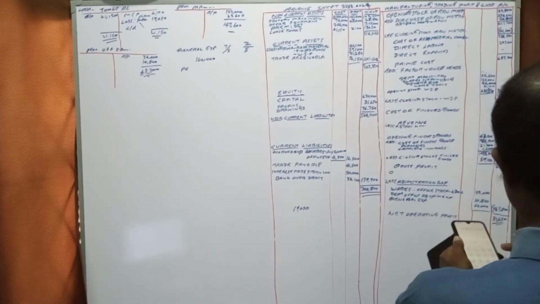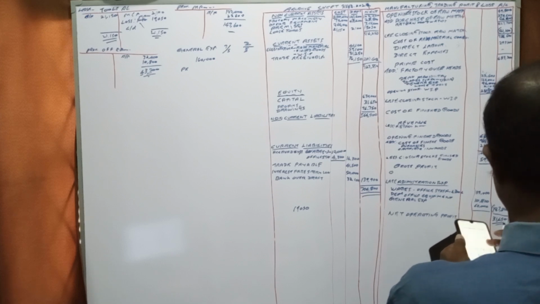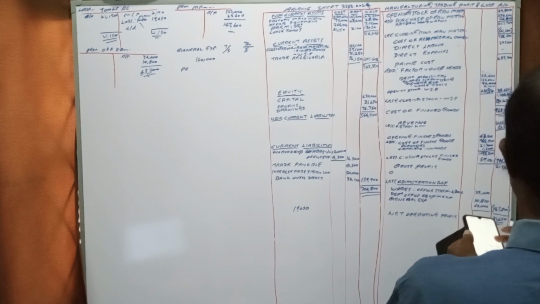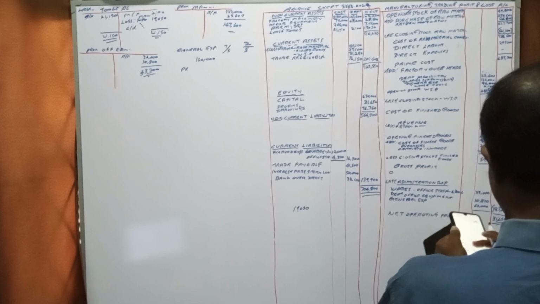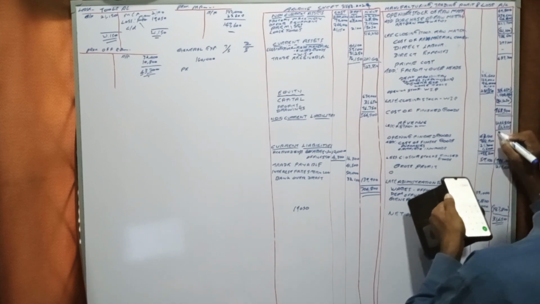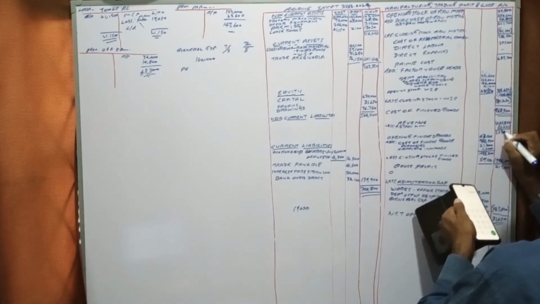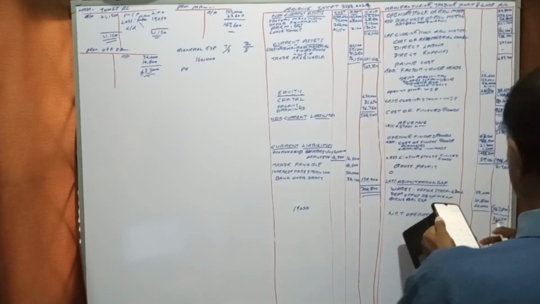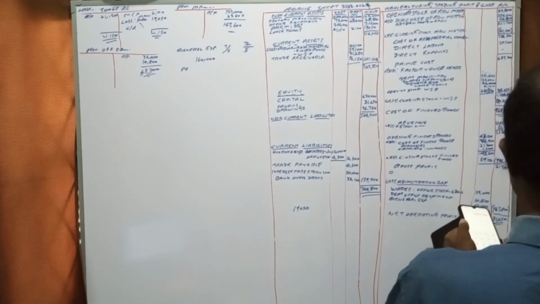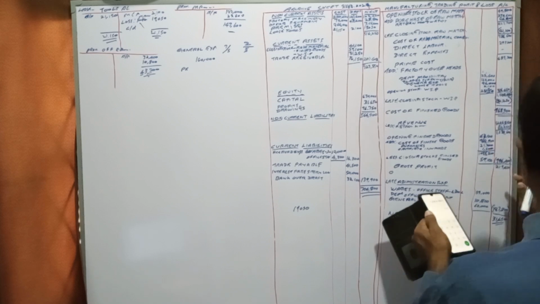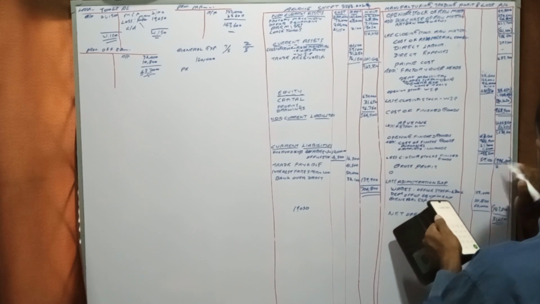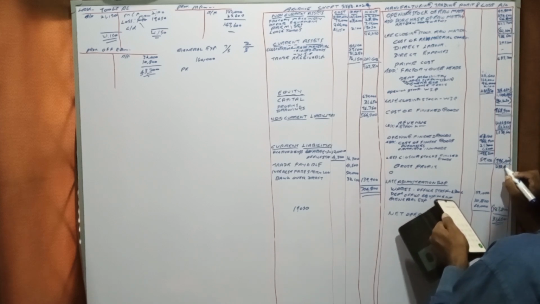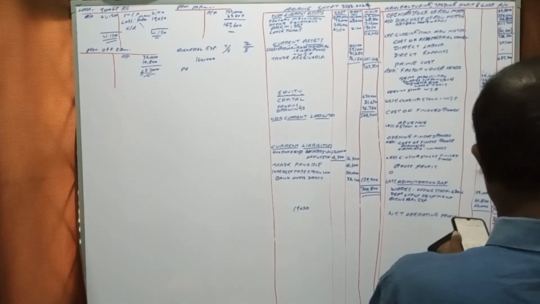Then 1,246,850 minus 12,250 comes to 1,234,600 minus 996,100, 238,500, right?